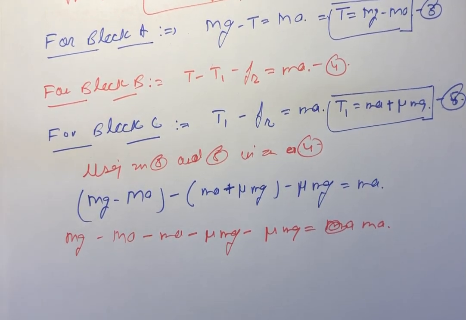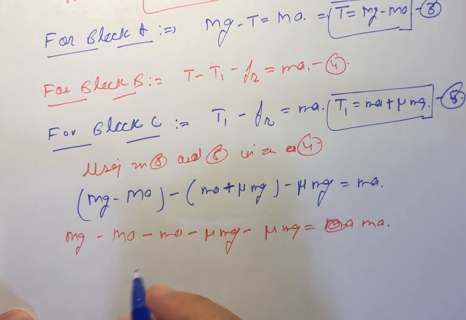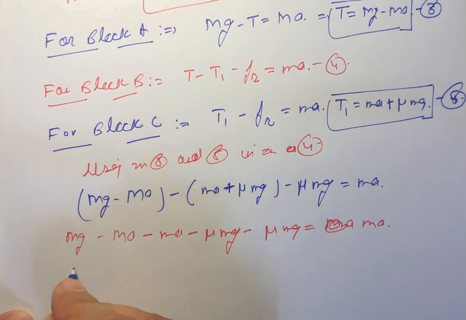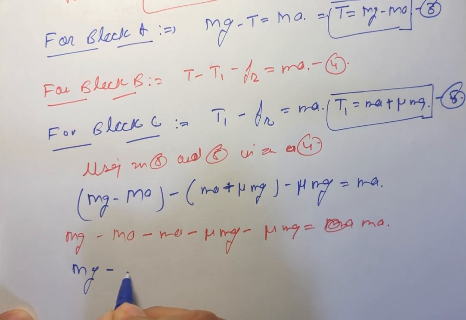Now we combine the similar terms. So we get this as mg minus 2 mu mg.